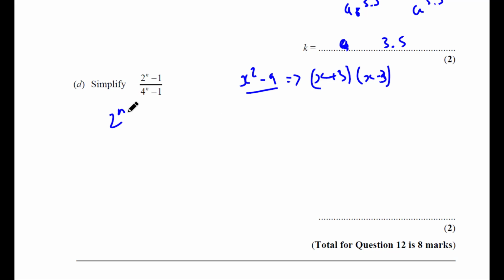So 2 to the power n minus 1 is the same as 2 to the power n plus 1 and 2 to the n minus 1.